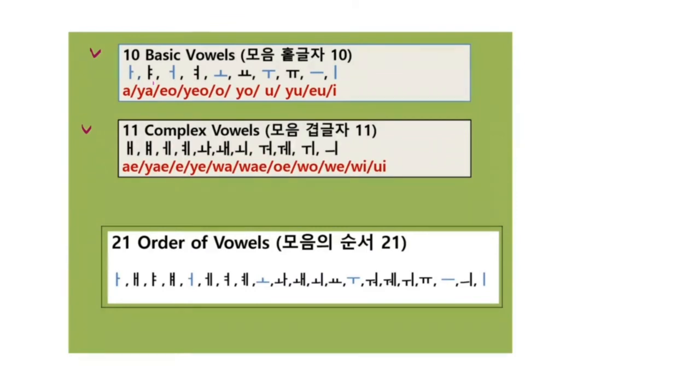Okay? Good. And let's learn the order. First, check the basic characters like this. A, O, O, U, E. Do you remember? Okay. A, O, O, U, E. And let's divide it in the same order.